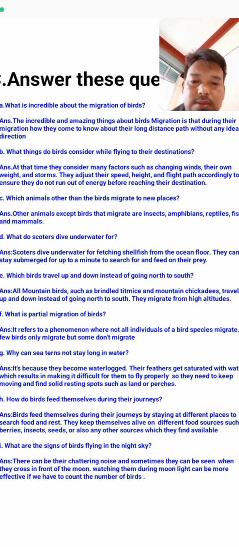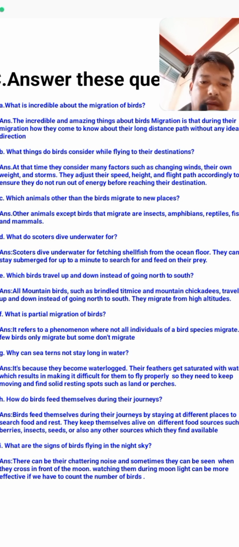And H number is, how do birds feed themselves during their journey, during the time of migration? And here is the answer. Birds feed themselves during their journey by staying at different places to search for food and rest. In this way they feed themselves, staying somewhere and taking rest.